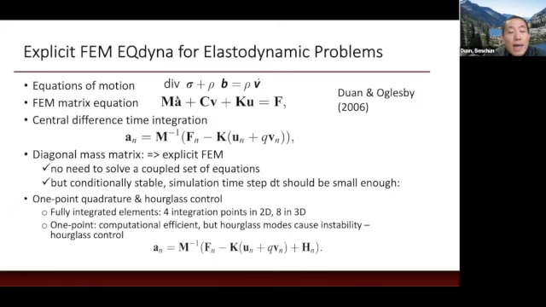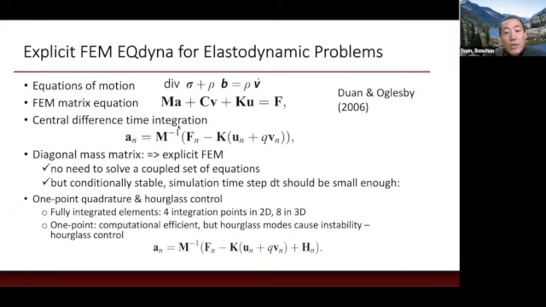In the equation, we have a mass matrix and a stiffness matrix here. We also have a damping matrix here. Then we use a central difference time integration, with a diagonalized mass matrix M here.